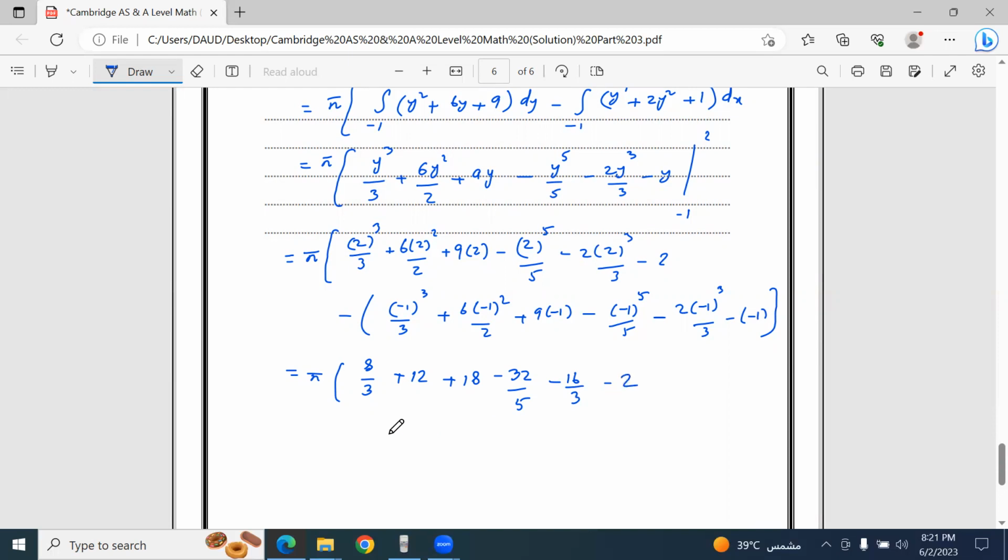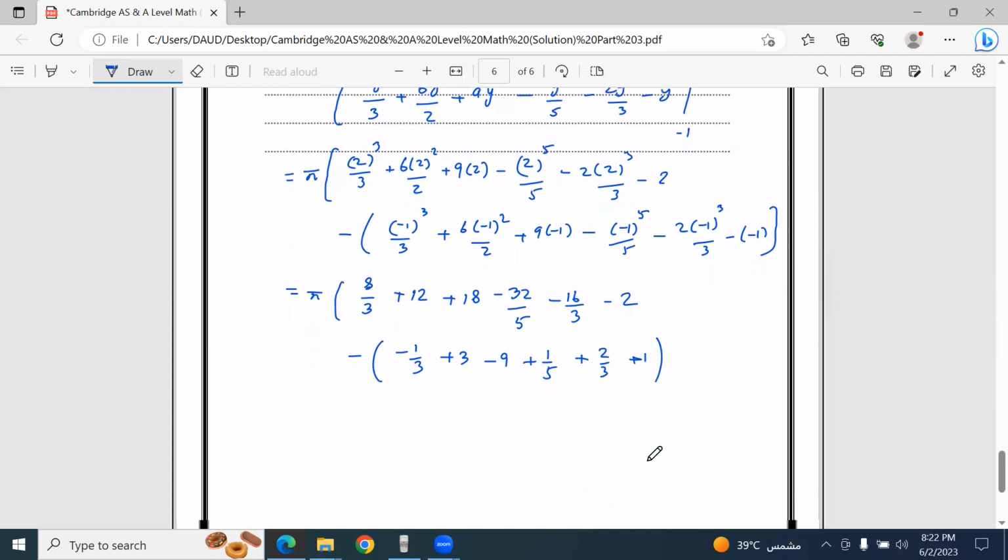Minus 2. And if I simplify the inside, which is minus 1 over 3 plus minus 1 whole square gives us plus 1, so it is plus 3. And minus 9, minus 1 power odd means 5 gives us minus, so minus minus plus 1 over 5. And then this is minus minus plus again, 2 over 3 and plus 1.